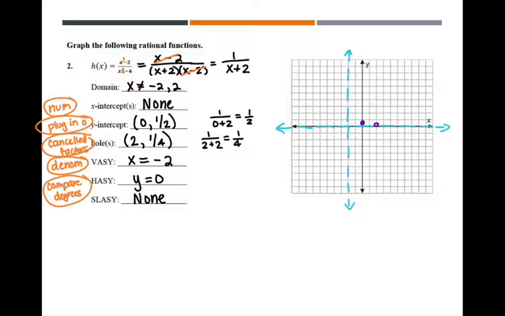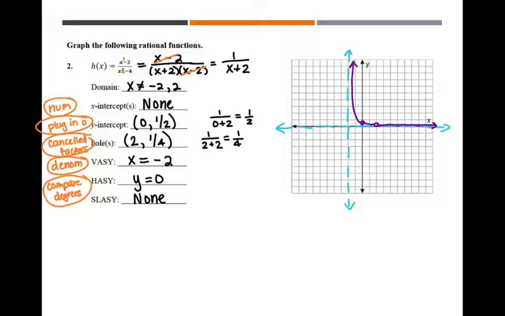But I can sketch the rest of the graph using some logic. So I can connect the hole and the y-intercept, and I can see that I'm increasing. And I'm just going to keep increasing as I approach my vertical asymptote. Similarly, I can go in the opposite direction past the hole and continue to taper towards that horizontal asymptote. Now, rational functions always have multiple pieces. So I have this purple curve on the top right-hand side of my graph.